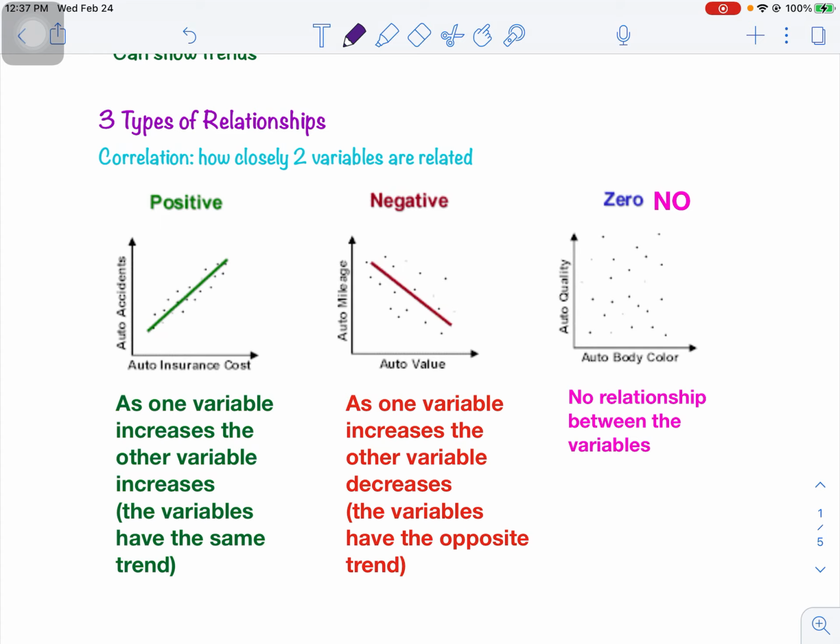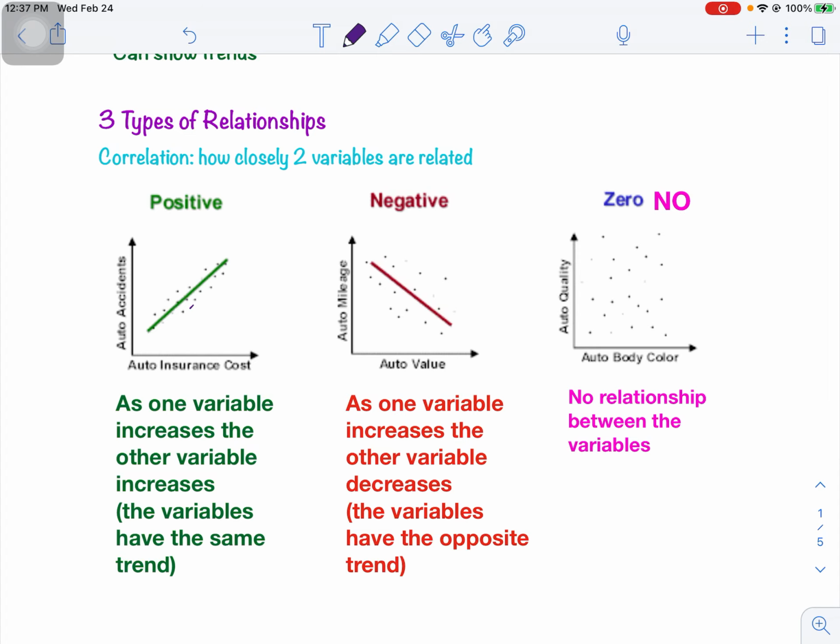All these little dots are really close together. Now, all the dots are not going to be perfect on the line, but a trend line fits in the middle of them. So this is a positive correlation.